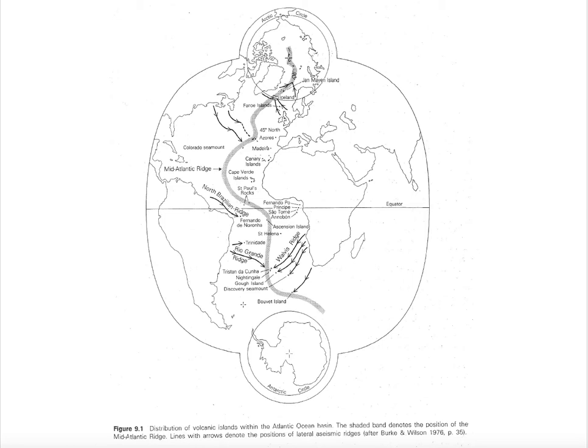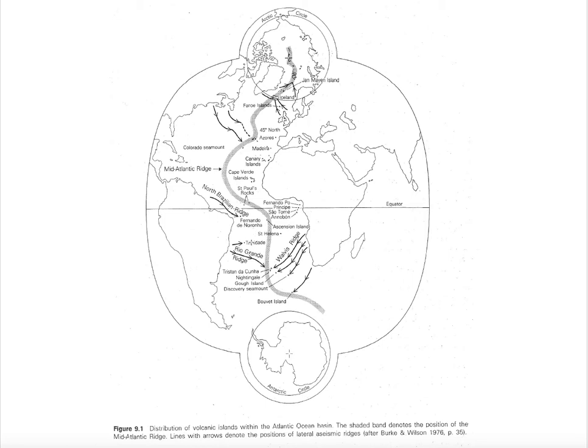And therefore we can now find a lot of oceanic islands. We have here the Azores, for example. We have here Madeira. Then we have the Canary Islands, and the Cape Verde Islands. Yeah. So then we have here Fernando de Noronha.